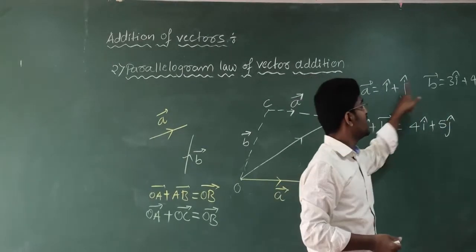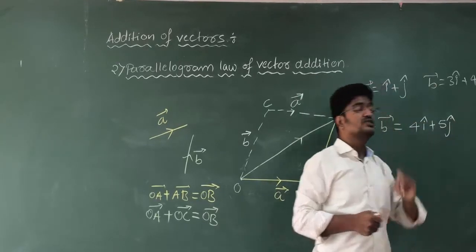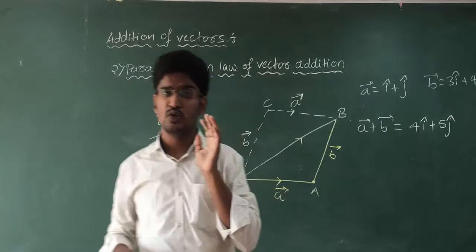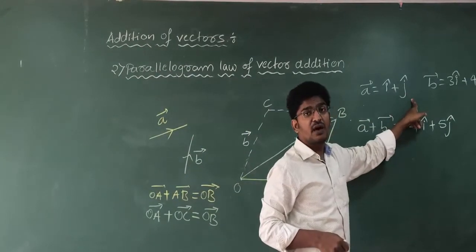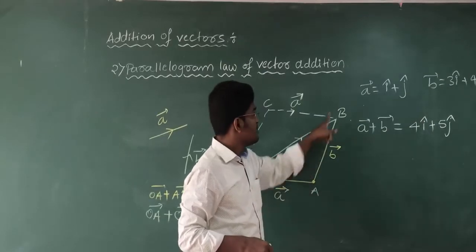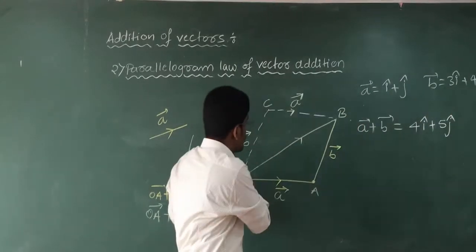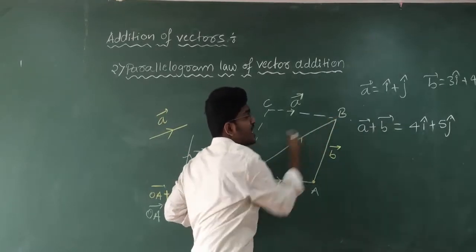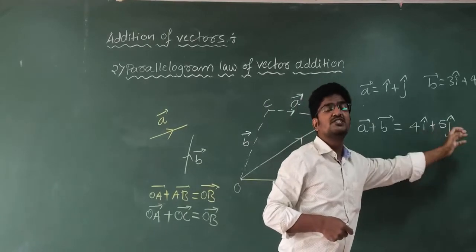Clear? This is how you have to add. If OA is i cap plus j cap, AB is 3i cap plus 4j cap, OB, that is the diagonal of the parallelogram, will be 4i cap plus 5j cap.